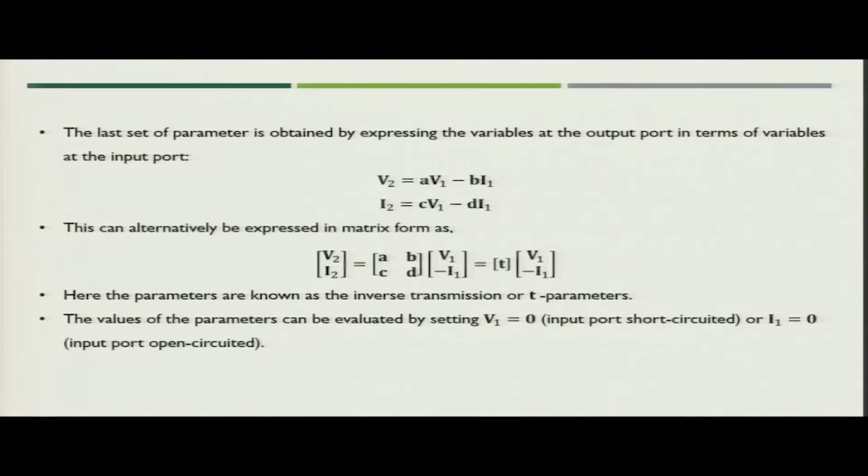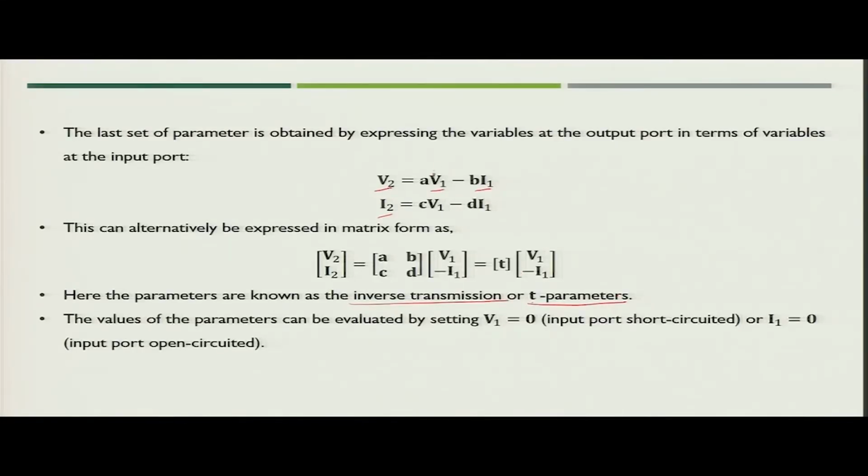Now, next is the opposite of what we discussed till now, meaning V2 and I2 will now be related with respect to V1 and I1. That means we can also set V1, I1 as independent variables and V2, I2 as dependent variables. In that case, the relationship which we get is called the inverse transmission or inverse T parameters.